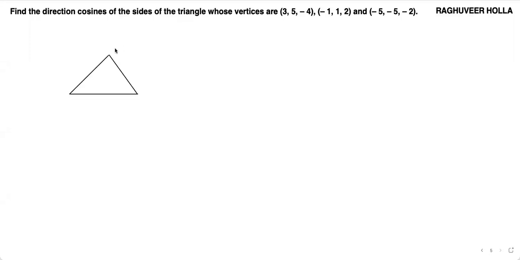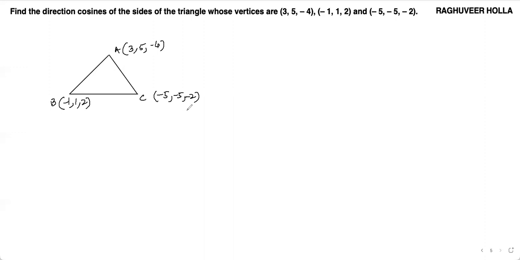Now here we have the vertices of the triangle, A which is 3, 5, and minus 4, B, which is minus 1, 1, and 2, and C, which is minus 5, minus 5, and minus 2.